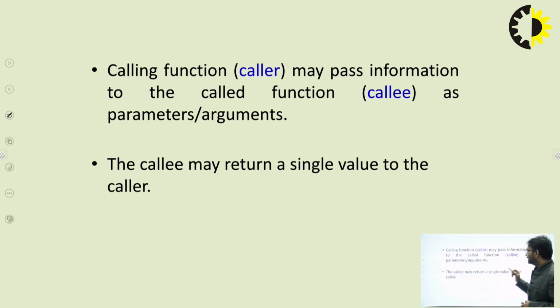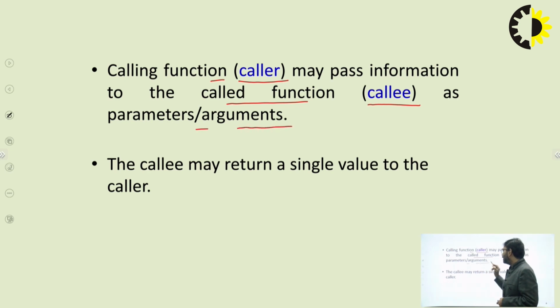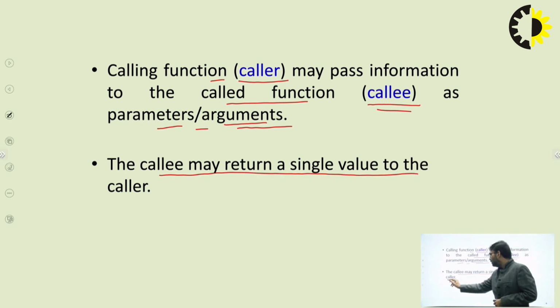So there are two things: one is the caller function and one is the callee function. The calling function may pass information to the called function as parameters and arguments. It means whenever we perform a call to a function, we can pass some information in terms of parameters and arguments to the called function. The called function may return a single value to the calling function.